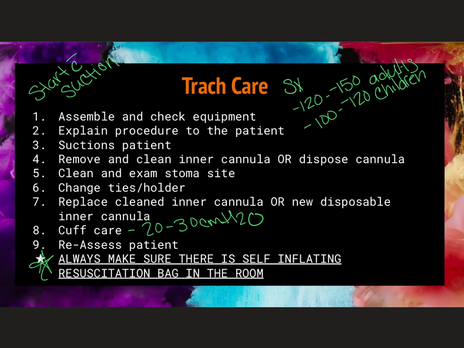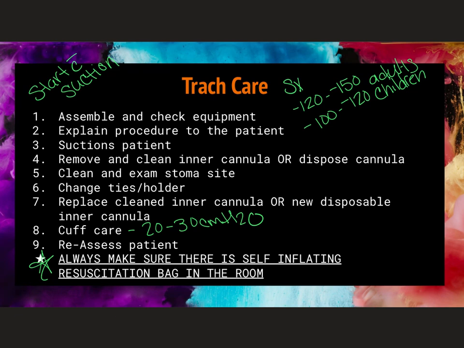You're going to want to hyperoxygenate the patient so that if you have to take away the trach collar and adjust the trach ties or clean the drain sponge and change it out, that they're already at 100% and it gives you a few minutes to change it and then put it back on. If the patient doesn't tolerate this and they're desatting, make sure you don't leave the patient until they are back up.